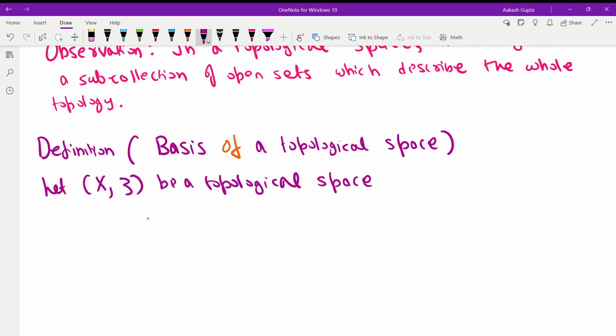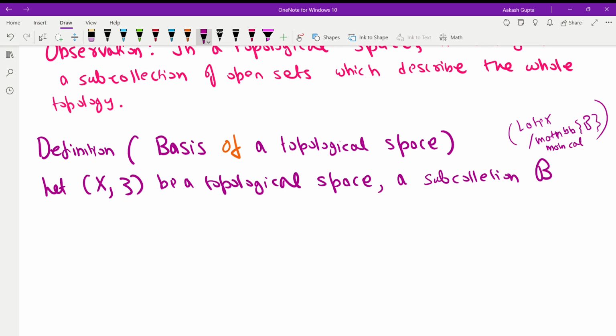A subcollection, say script B. You can use the LaTeX command \mathbb{B}, capital B, so you will get this letter, which I am making very badly. Or \mathcal{B}. Basically script B, something stylish B, that sort of.